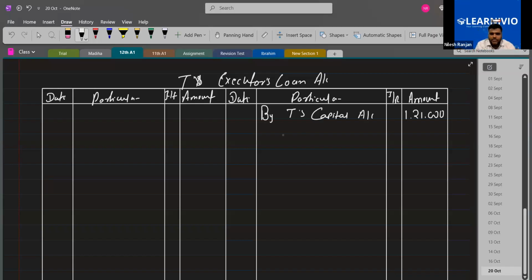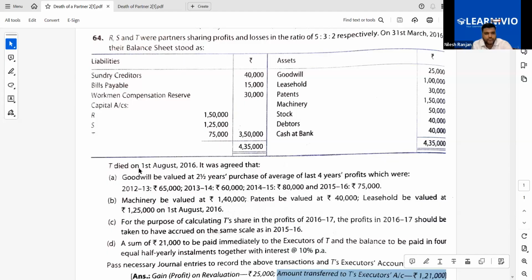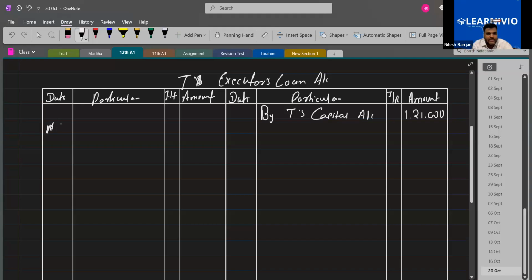So by T capital, 1,21,000, and in the question it is said that on the date of his death, 21,000 is paid immediately. So on 1st August 2016, to cash account, 21,000 paid immediately.